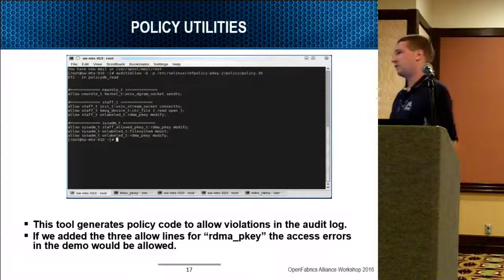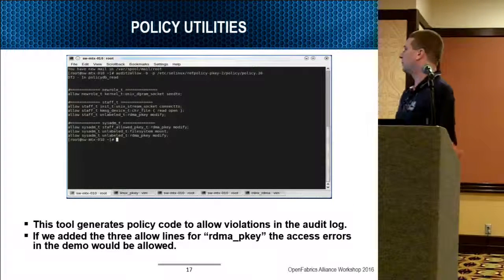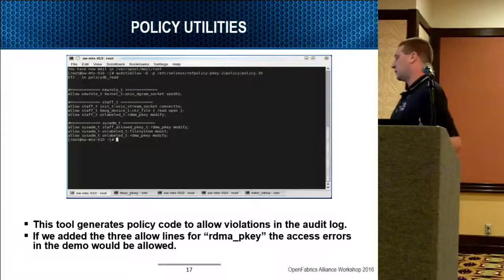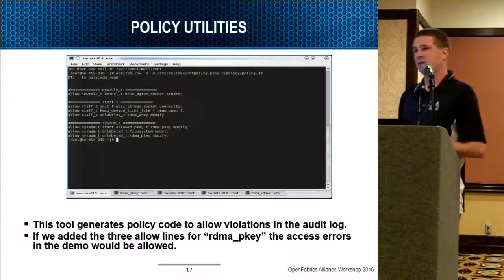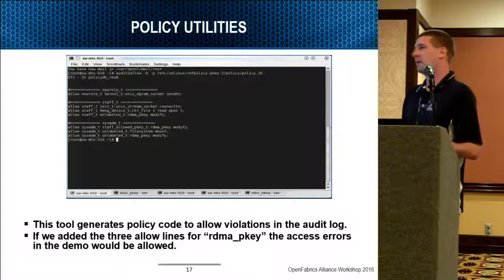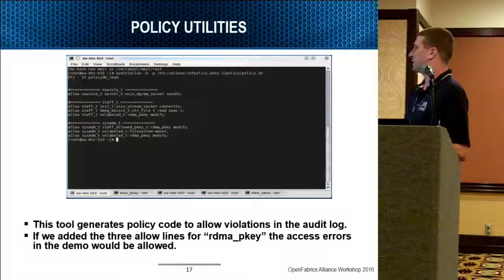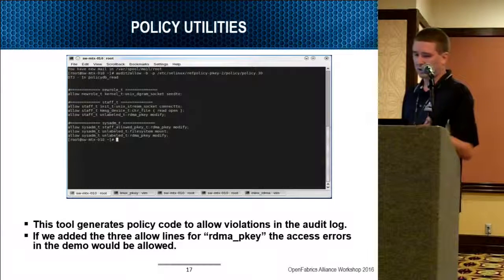So SELinux has a variety of tools to help administrators write policy and administer the system. Because we haven't extended anything about the way things are labeled, we've just made it so new objects can have labels, we can take advantage of all of these utilities that already exist. This is a utility called audit2allow.